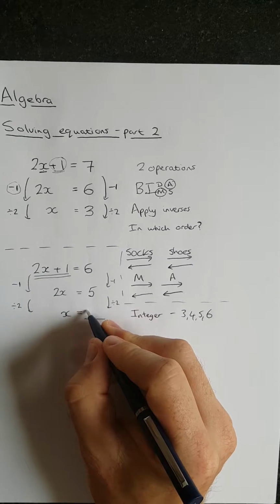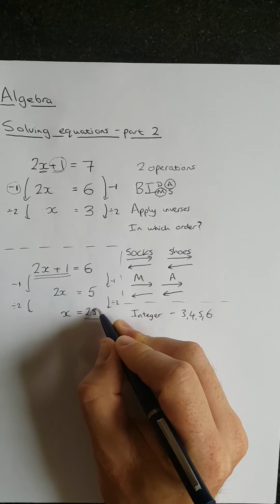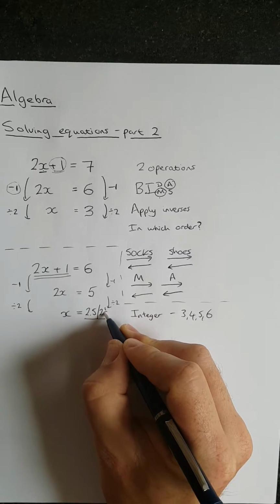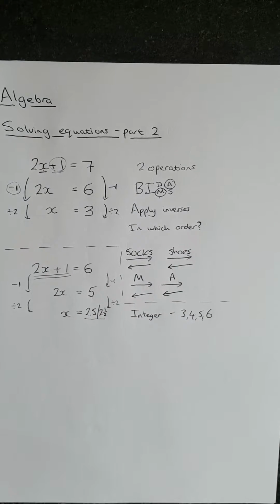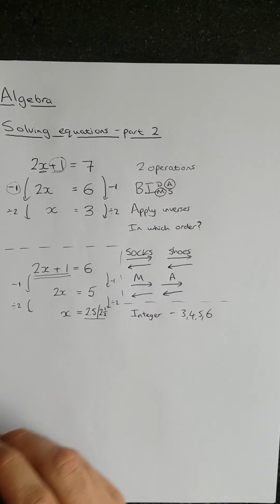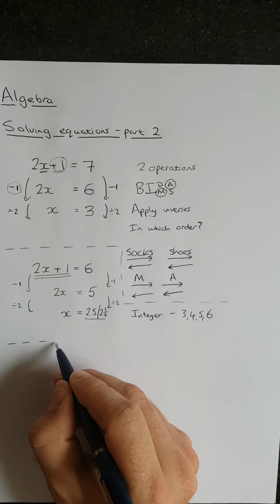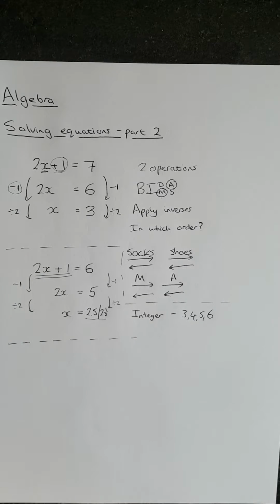It's going to be 2.5. The reason I do this example at this stage is I want you to be aware that not all of your answers will come out as integers. They could come out as fractions, they could come out as decimals, and they could come out negative.